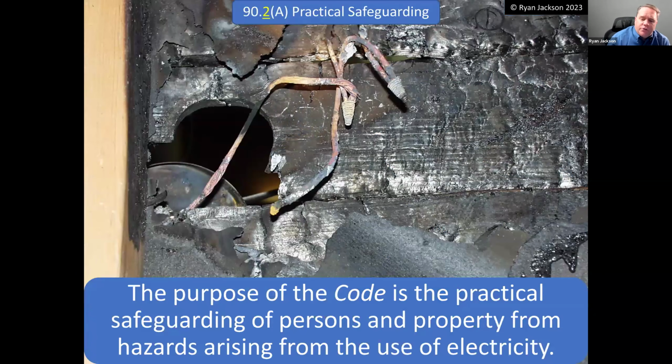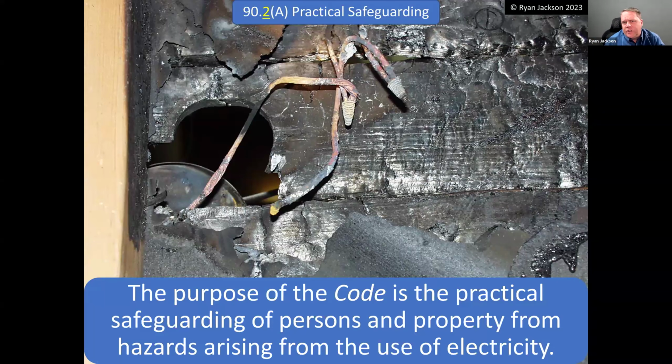This is a picture I took probably back in 2003, maybe 2004, when I very first started teaching and was really starting to become a code nerd. I was working as an inspector in the Salt Lake City area, and a neighboring city, their fire marshal called and asked me if I could come and give an opinion on an incident that they had in their city. So I took a quick little drive, and this is what I saw.